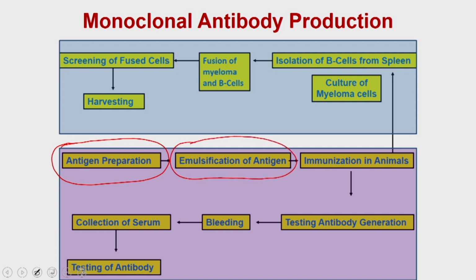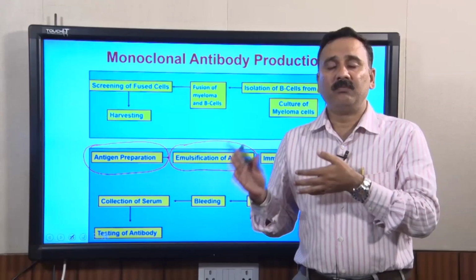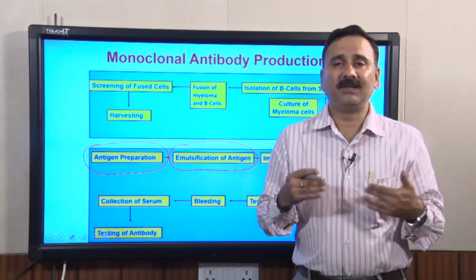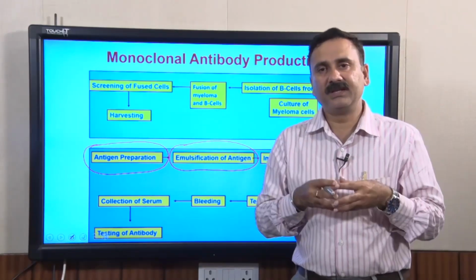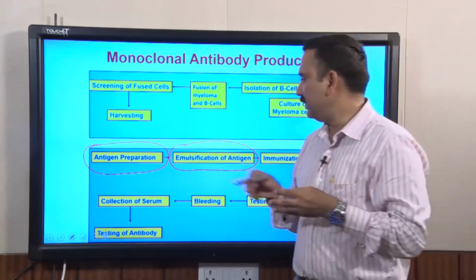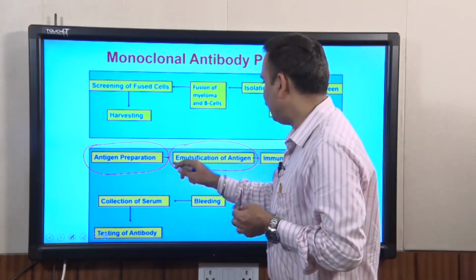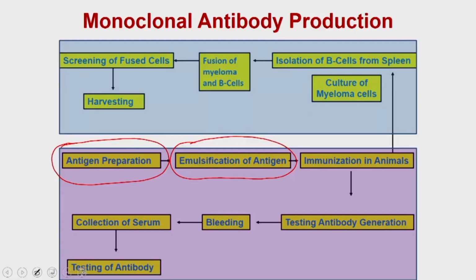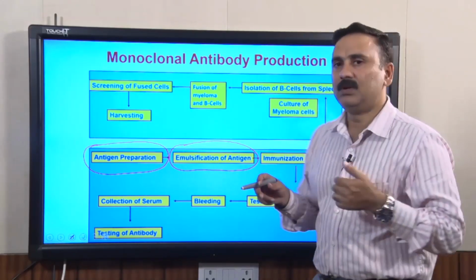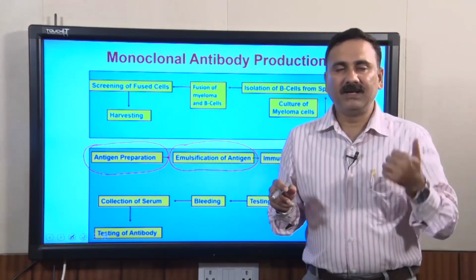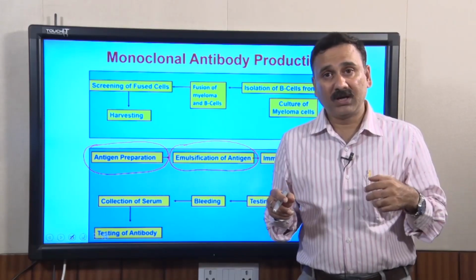If you remember, we have already discussed how to prepare the antigen either by using recombinant DNA technology, or by purifying the antigen using classical chromatography techniques. Once you have the antigen, you emulsify it with the help of different types of adjuvants, either Freund's complete adjuvant or incomplete adjuvant.